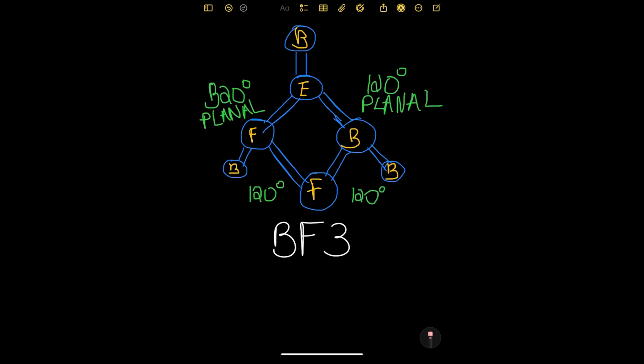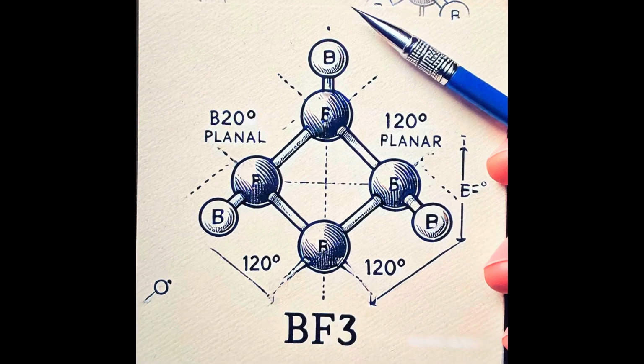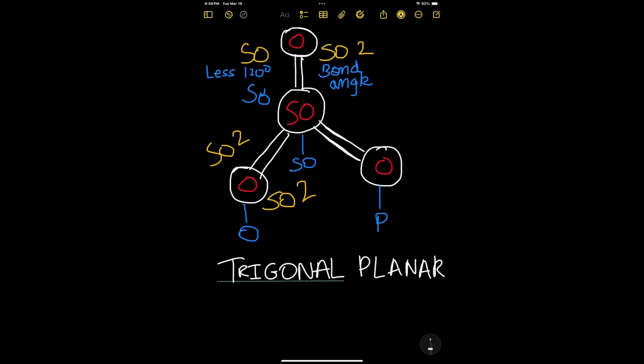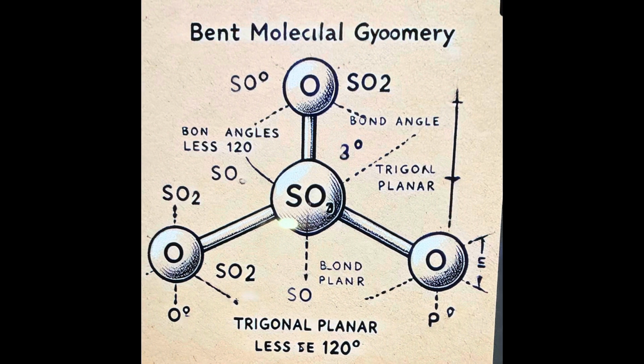It has 3 bonding pairs, 0 lone pairs. The bond angles are 120 degrees. An example is BF3. A bent trigonal planar has 2 bonding pairs, 1 lone pair, and bond angles that are less than 120 degrees. An example is SO2.